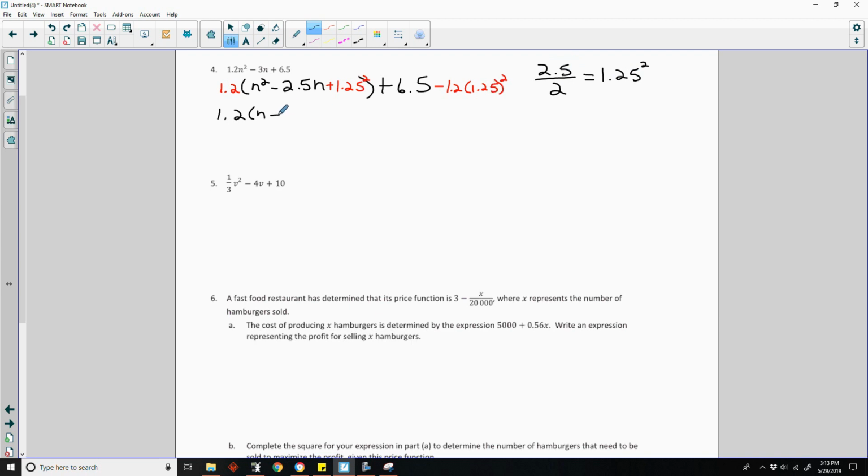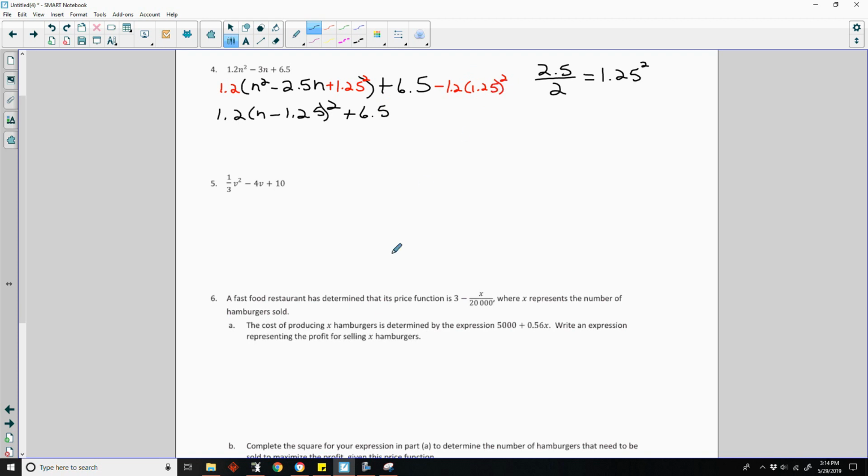So that's going to be 1.25 quantity squared. So that's this piece here. And then we're going to do plus 6.5 minus this. So I'll just do that for now. Plus 6.5. And then negative 1.2 times 1.25 squared.